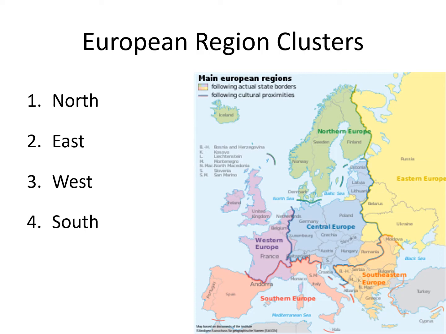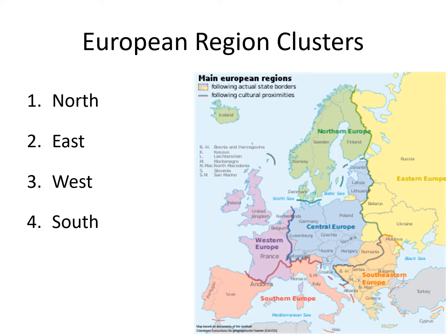Every area has its own region cluster. The European region clusters consist of north, east, west, and south. Pretty basic. So the northern region consists of the Channel Islands, Denmark, Estonia, Faroe Islands, Finland, Iceland, Ireland, Isle of Man, Latvia, Lithuania, Norway, Sweden, the United Kingdom, and Ireland.